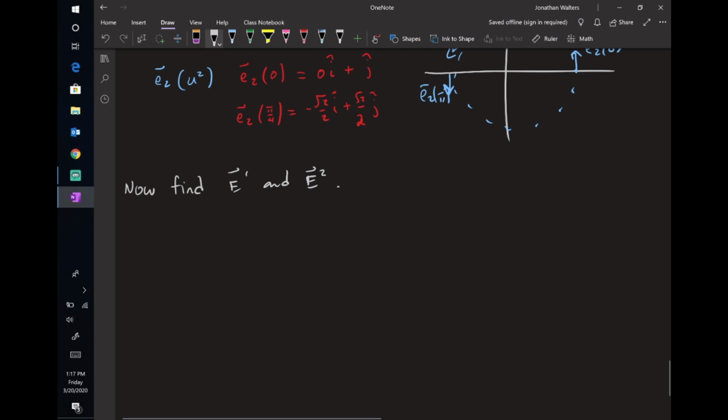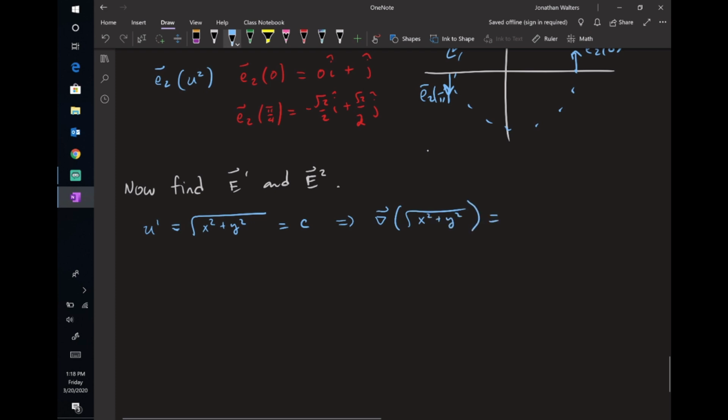So U1, let's look at it. U1 equals the square root of x squared plus y squared, right? And we set that equal to a constant. So then what is the gradient of this function, square root of x squared plus y squared?